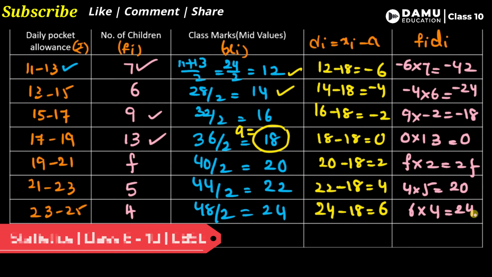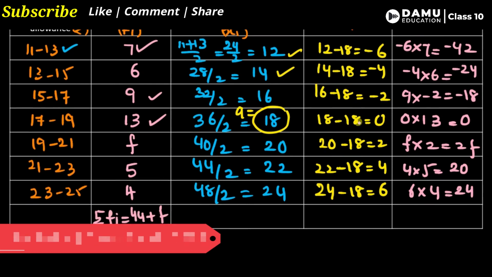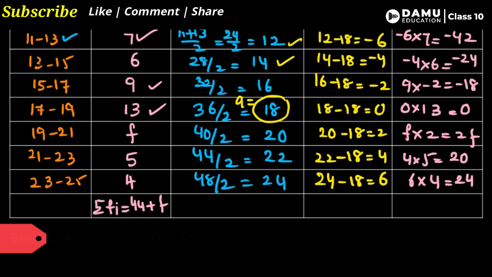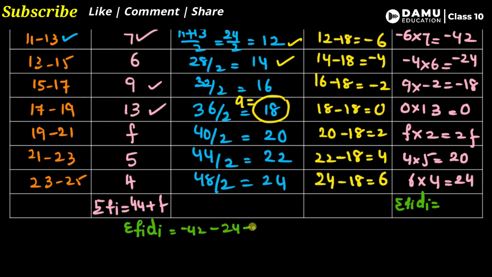So let's add all these values. Summation of fi di will be equal to minus 42, minus 24, minus 18, plus 0, plus 2f, plus 20, plus 24.